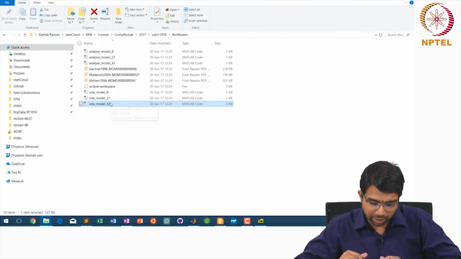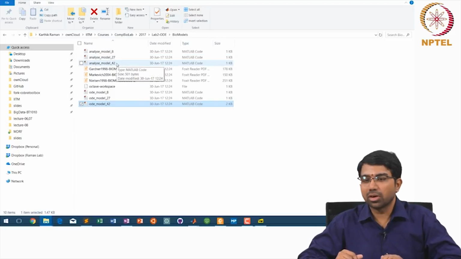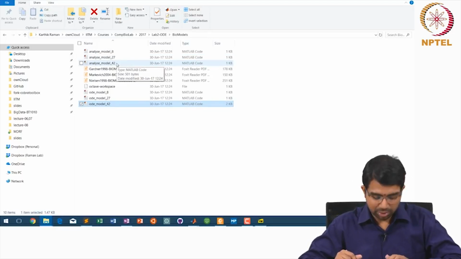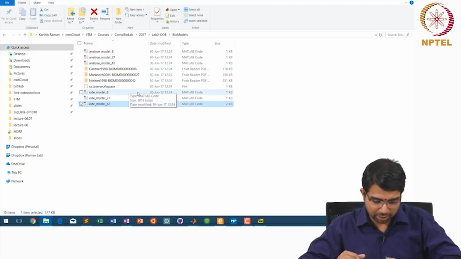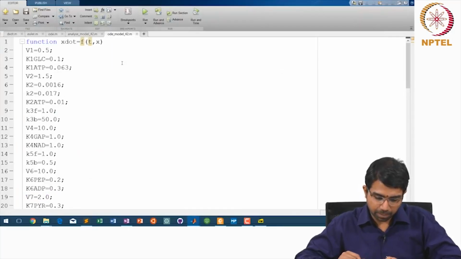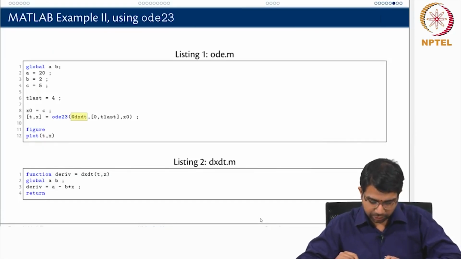So I have ODE model underscore 42.m and analyze model underscore 42.m. 42 happens to be the BioModels ID for this particular Nielsen glycolysis model. And then you code, and all these parameters are available in the manuscript if you look at it carefully.